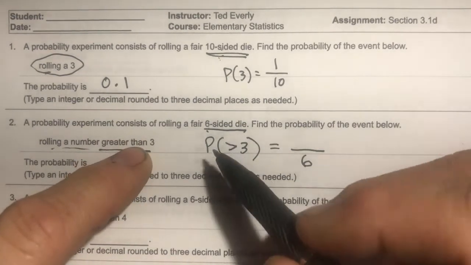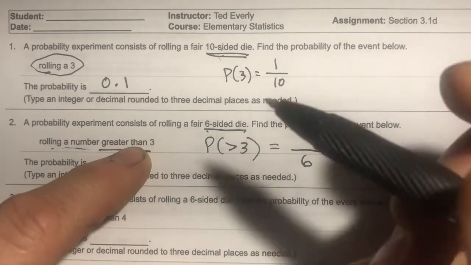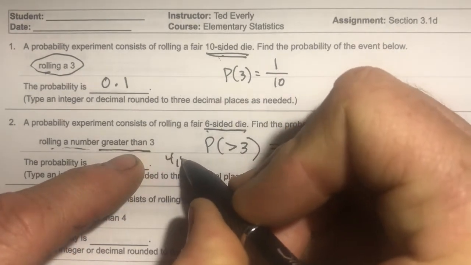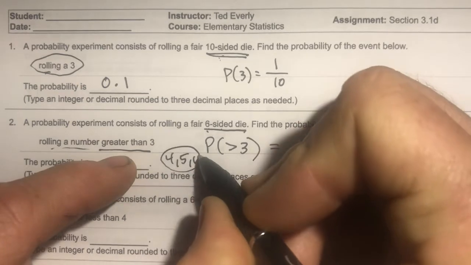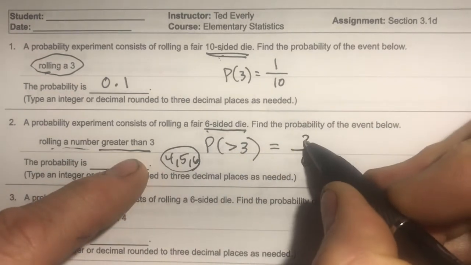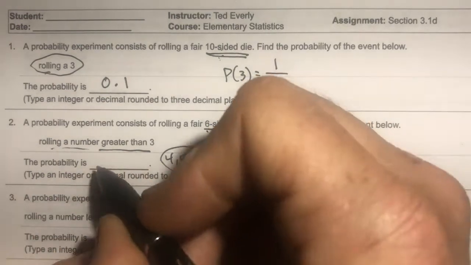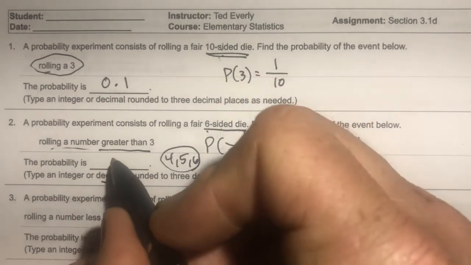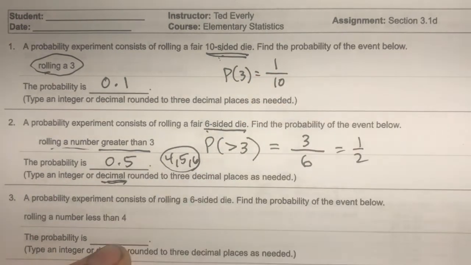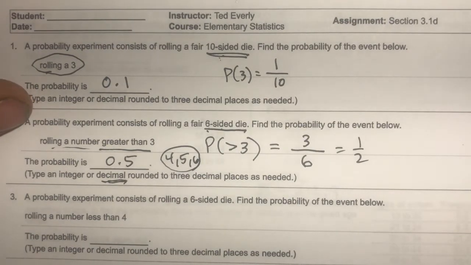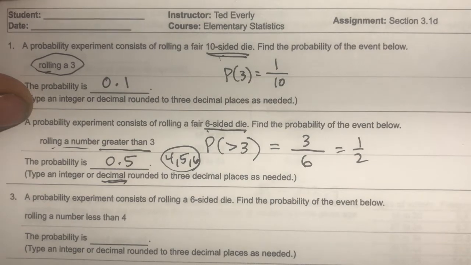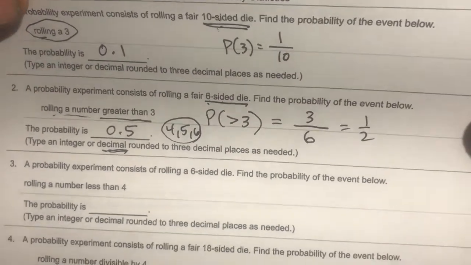Greater than 3 on the 6-sided die means we could have a 4, a 5, or a 6. So there are 3 possibilities there. So this is 3 over 6, which is 1/2. But it wants it as a decimal, so you're going to have to put 0.5. I think these first ones are all classical probabilities.